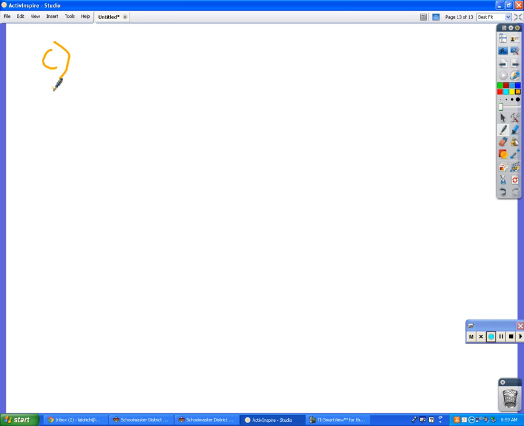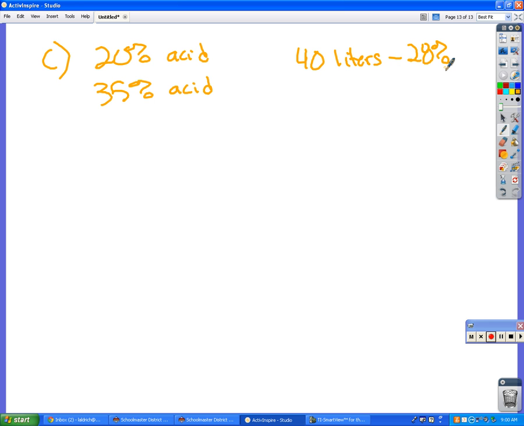Okay, C, it says how much 20% acid solution and 35% acid solution do we have to use to make 40 liters of 28% acid? I was helping Jefferson with this before class started. This is a lot like the problem where the guy was investing money at 2 different interest rates.